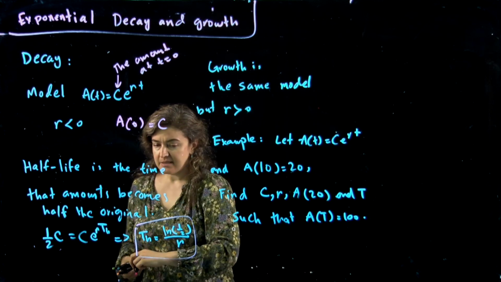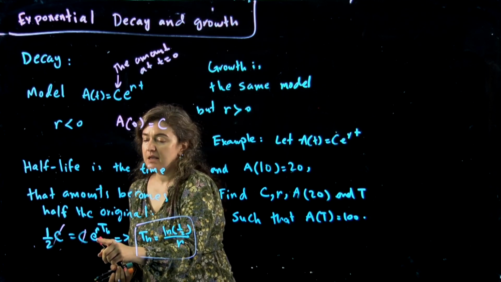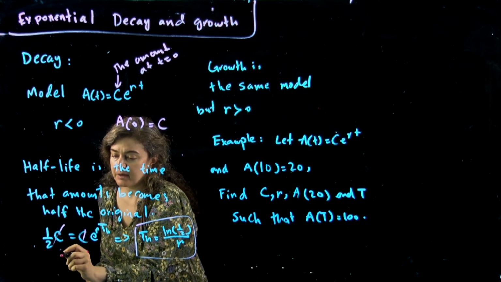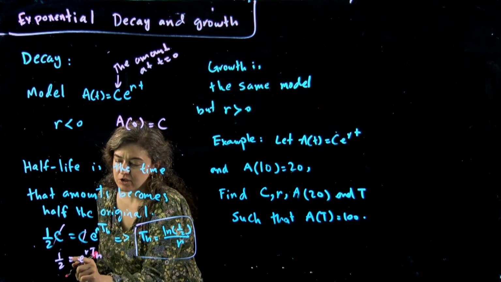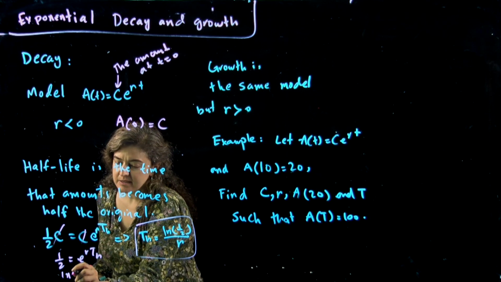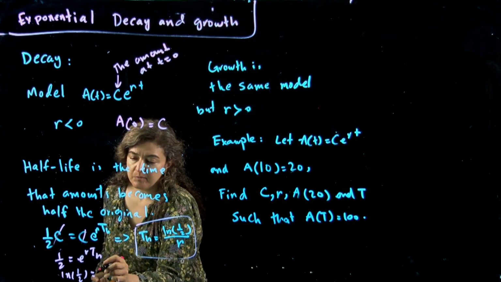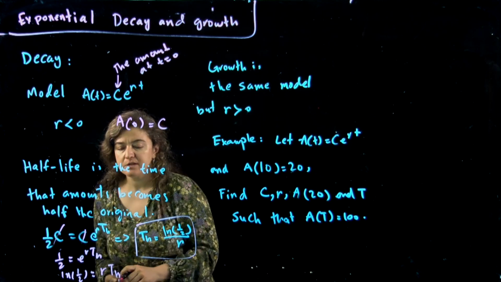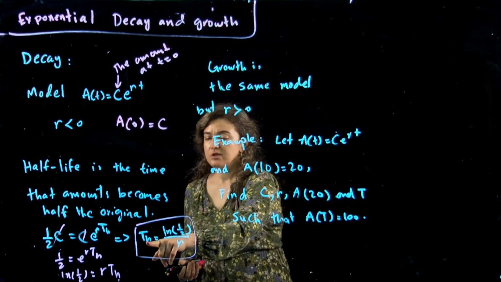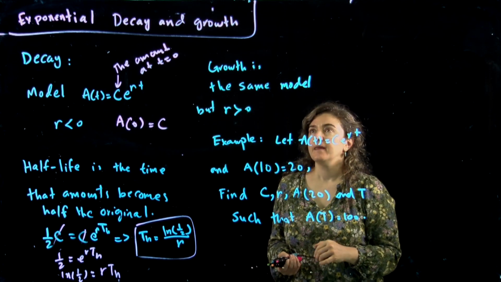If I solve this, c simplifies from both sides, and then I will have 1/2 equal to e to the power r t sub h. Take the ln of both sides: ln of 1/2 is equal to ln of e to the power r t sub h, which simplifies because they are inverse functions, to r times t sub h. So t sub h is ln of 1/2 divided by r.